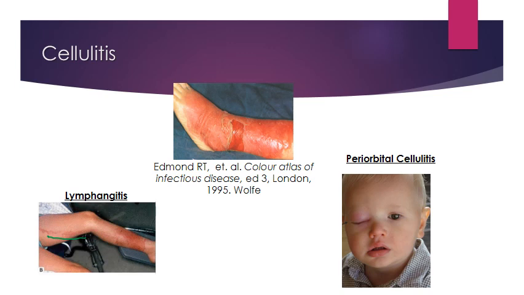So what's the difference? With cellulitis, it usually involves the deeper dermis as well as the subcutaneous fat. So we're talking about a different location here. Cellulitis might present with or without purulence. You may or may not have pus.